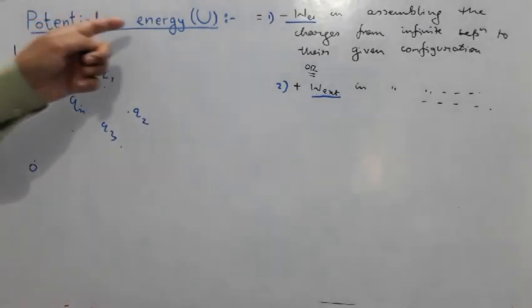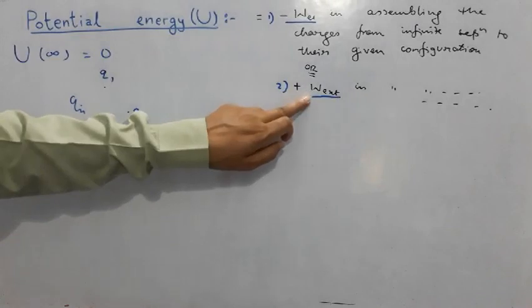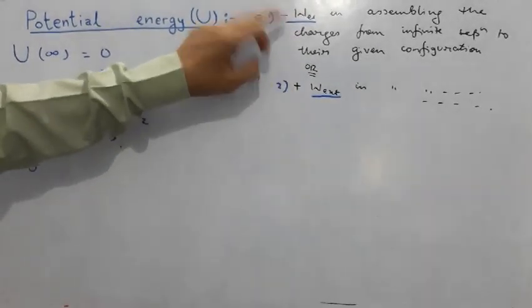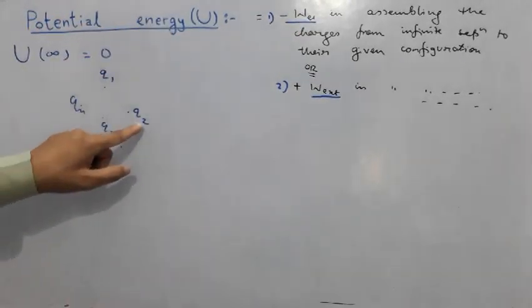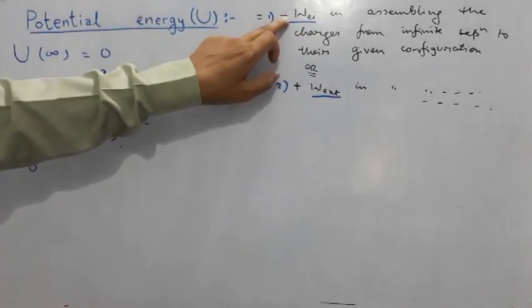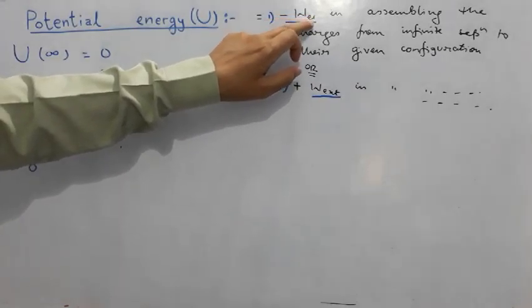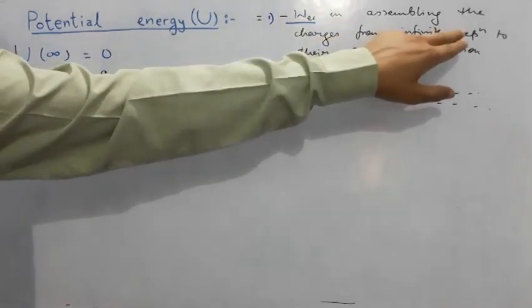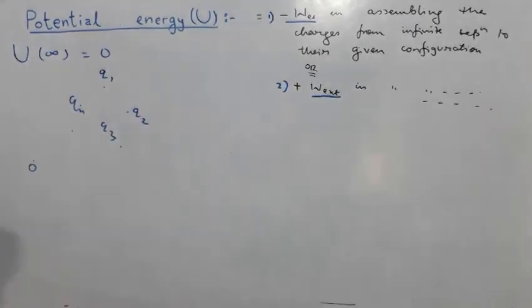So here is the definition. Again, either you define in terms of external work or you define in terms of electrical work. Only difference will be that of sign. So potential energy for a system of charges may be defined as negative of work done by electrical forces or electrostatic forces in assembling the charges from infinity or infinite separation to their given positions or configurations.